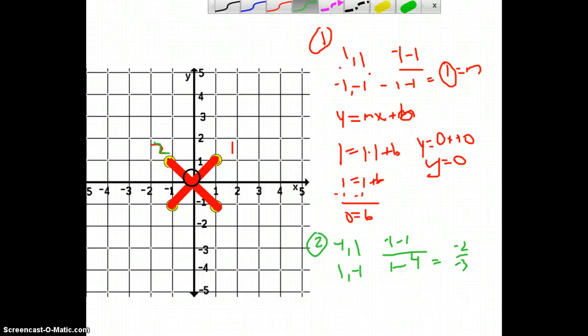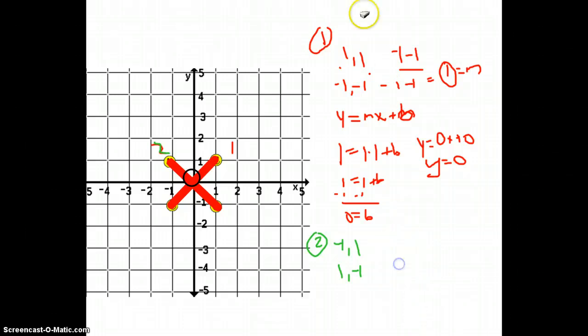My handwriting is so horrific that I misread that. Let's erase this. -1 minus 1, y2 minus y1, over x2 minus x1, which is 1 minus -1. So you have -2 over 1 minus minus 1, which happens just to be 2, and that means your slope is -1.